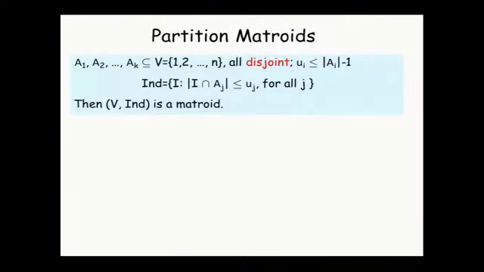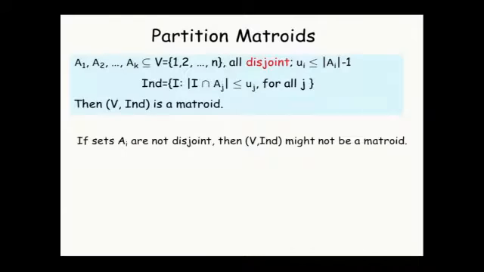Now, a well-known generalization of uniform matroids is the class of partition matroids, where you have k disjoint subsets of the ground set, A1, A2, up to AK, and k numbers, U1, U2, up to UK, such that for each i, Ui is upper bounded by the size of Ai minus 1.